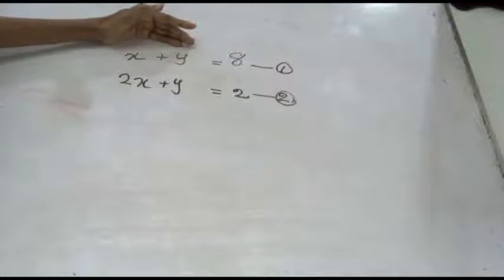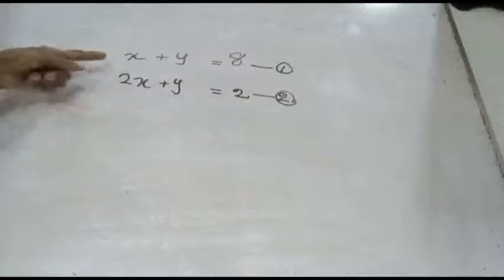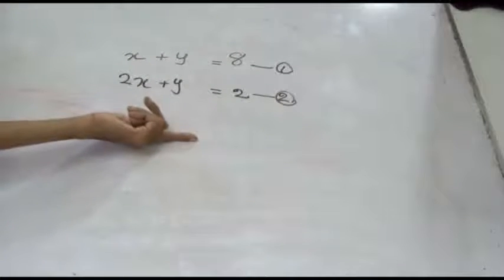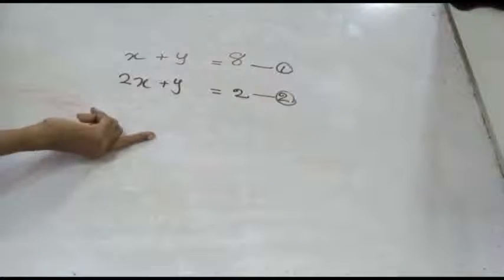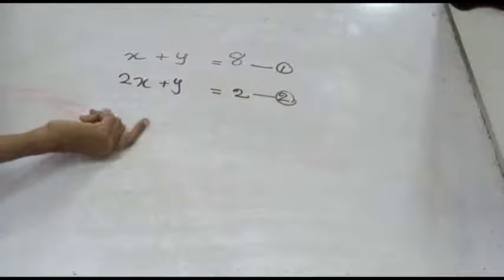But the second equation is subtracted from the first equation. We get x subtract 2x. Here the answer is negative x. Then we find positive x by multiplying both sides by negative 1.